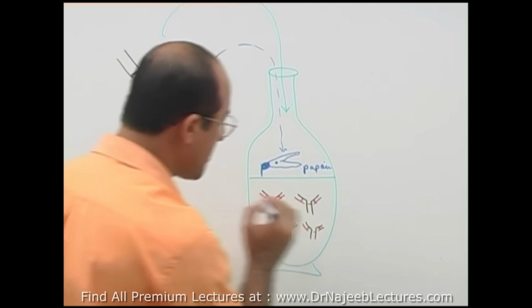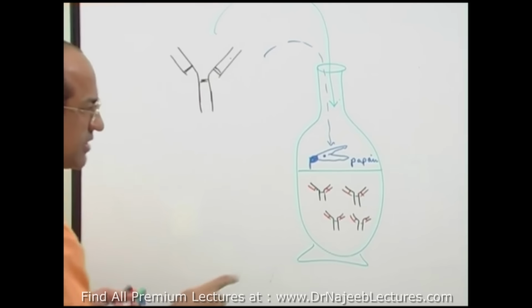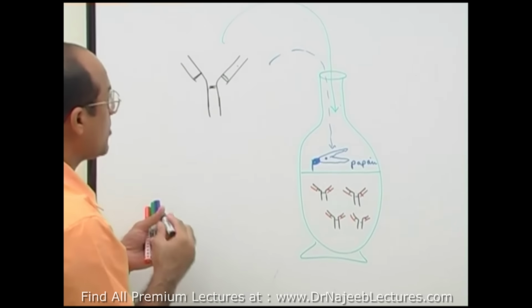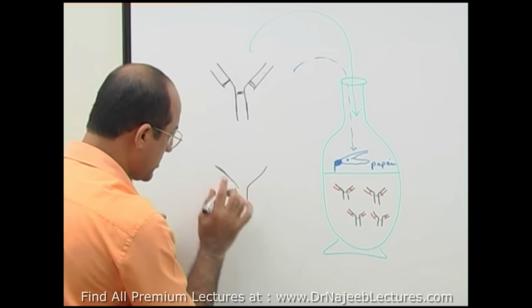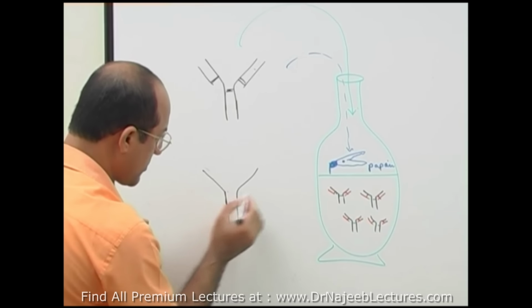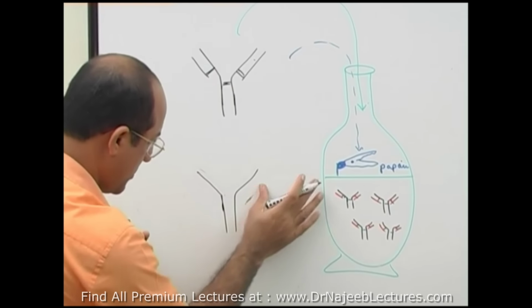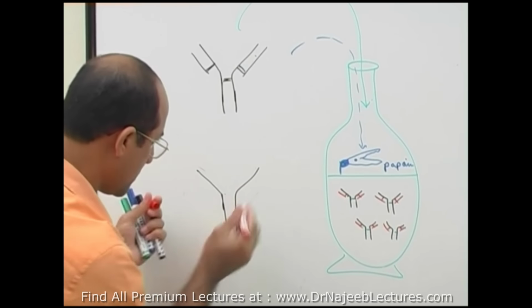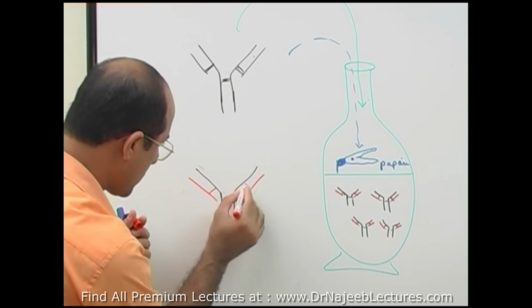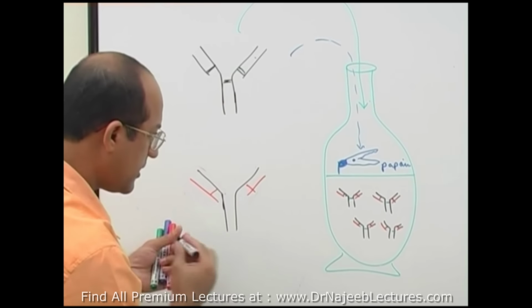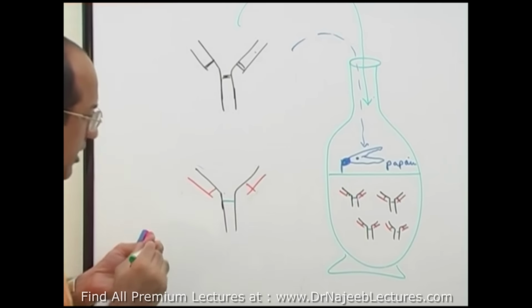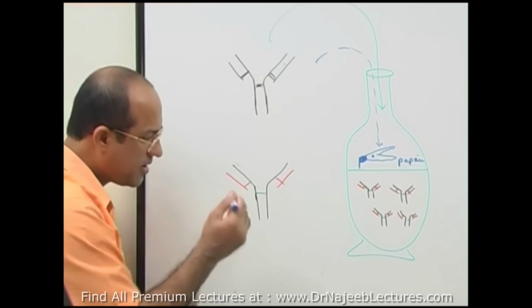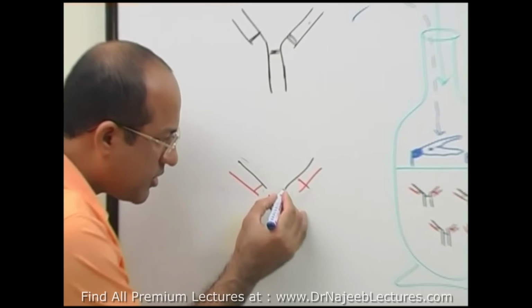They added papain to this, and they were surprised that papain could break down this molecule at special points. Okay, I will keep my color scheme the same. They found that papain could cut this molecule at this point.